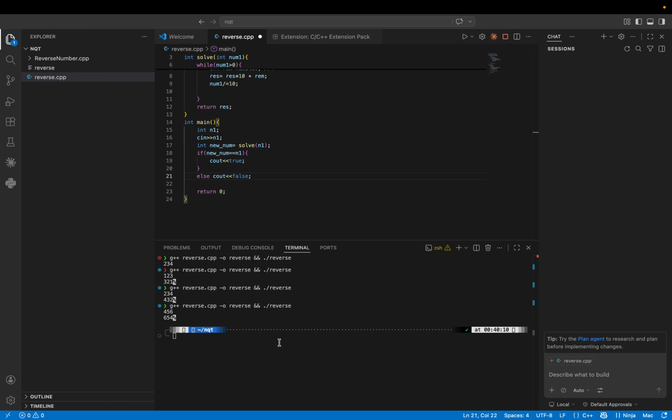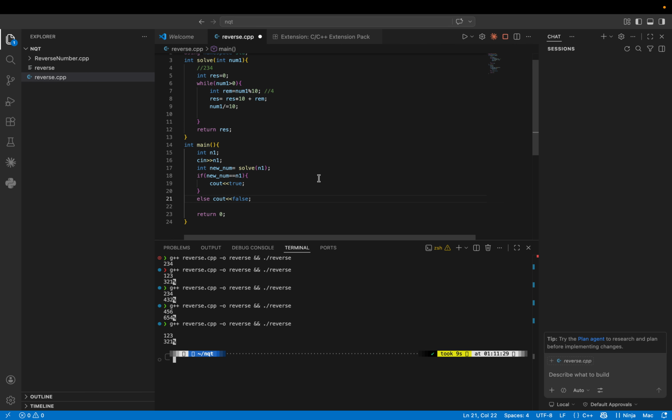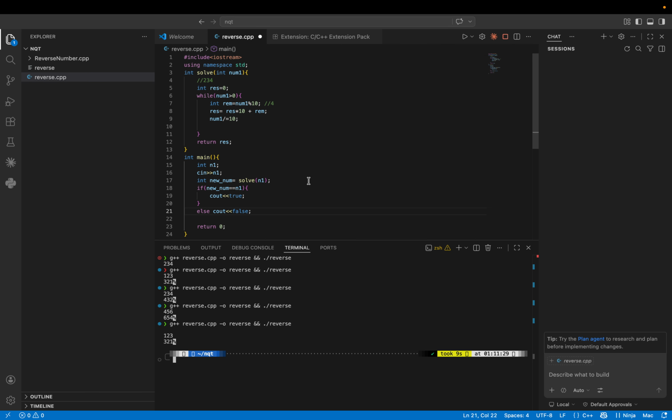So let's try running this. When I run this and I give, let's say, 1 2 3, of course the reverse will be 3 2 1 and that would not be equal. Wow, now what happened? I did, okay, I have not saved it, my bad.